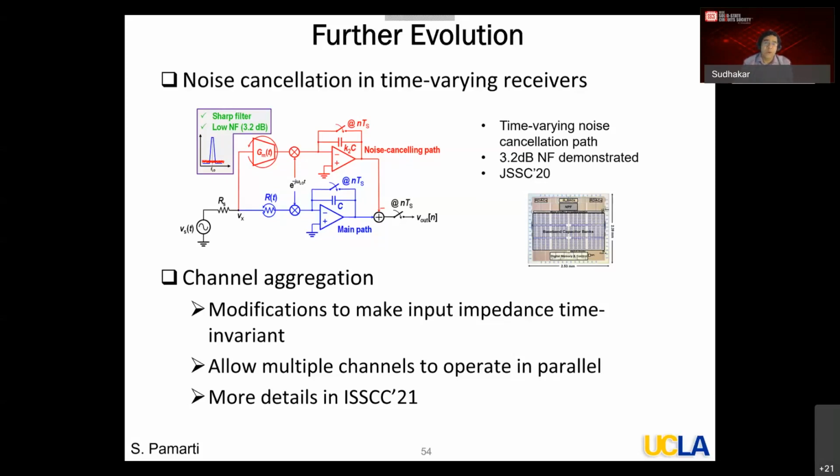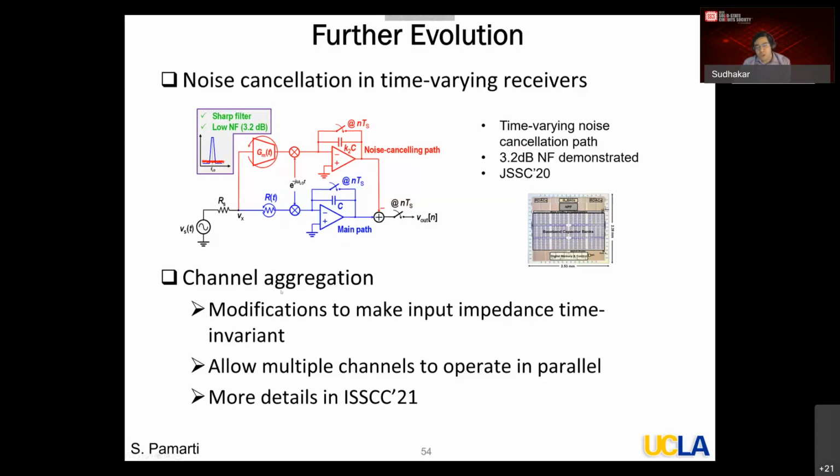It is similar in vein. The primary difference is that now the cancellation path shown in red is also time varying. We showed that we were able to get down to 3.2 dB noise figure. It's still a dB higher than the very best state-of-the-art noise figure, but we do this without sacrificing the sharp filtering and so on.